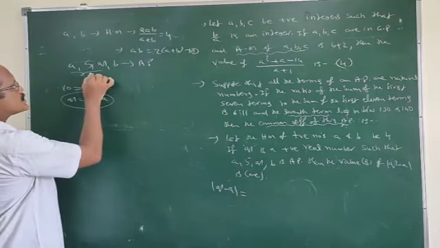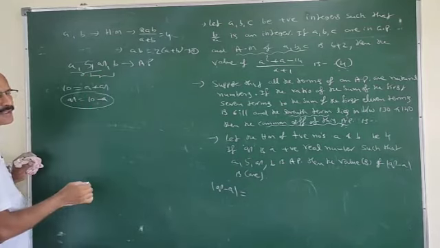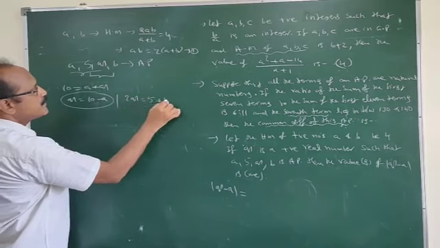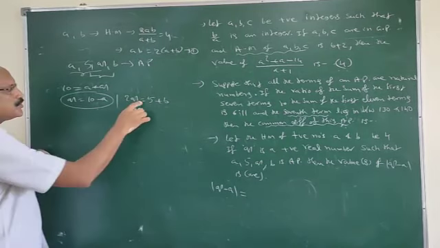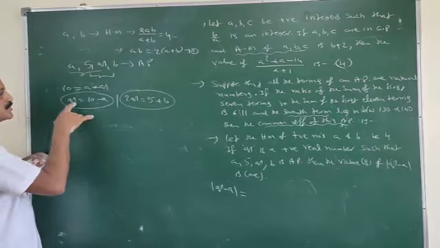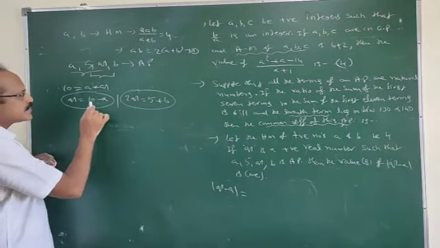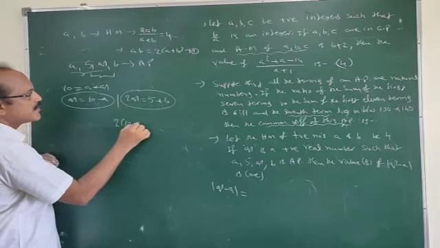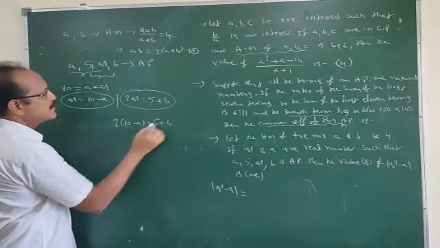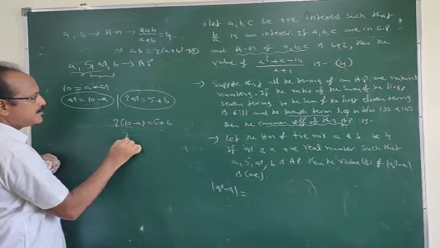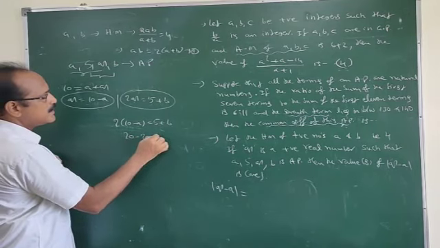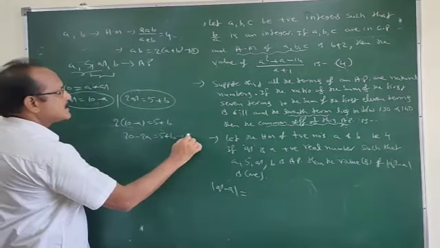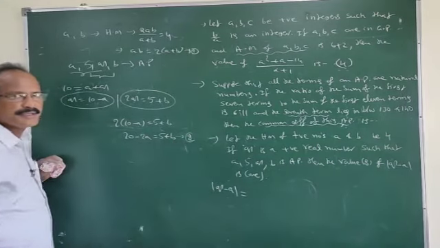And next, these are also in AP. That is 2Q is equal to 5 plus B. It is Q is equal to 10 minus A. So I am eliminating Q from these two equations. That is 2 into (10 minus A) is equal to 5 plus B, or 20 minus 2A is equal to 5 plus B. Right. So this is the second relation in A and B.